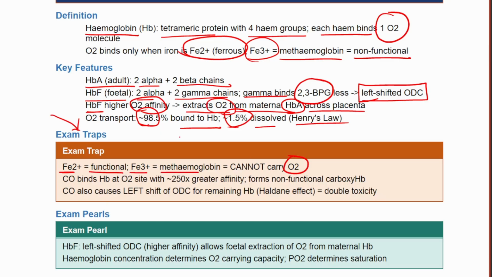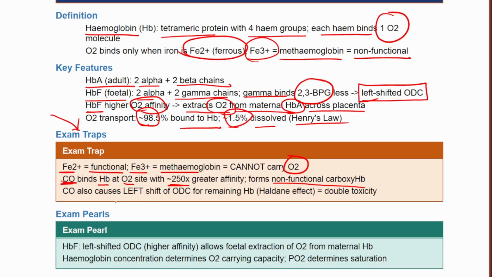When analyzing carbon monoxide poisoning, remember that carbon monoxide binds hemoglobin at the exact O2 site with approximately 250 times greater affinity, generating non-functional carboxyhemoglobin.